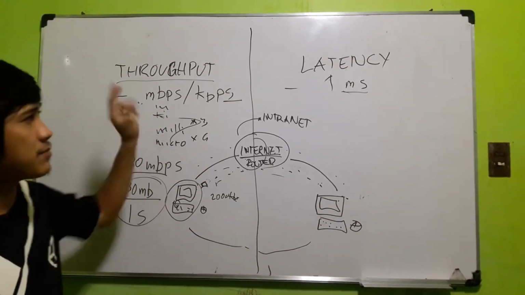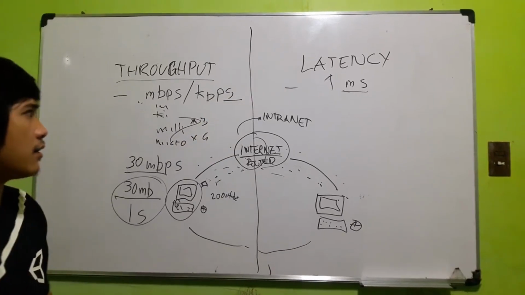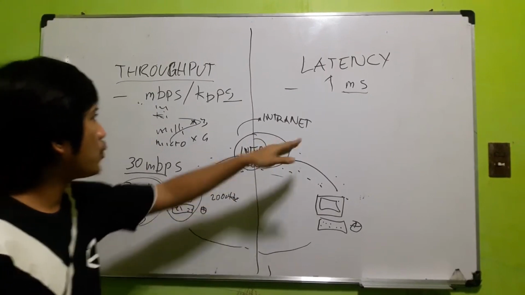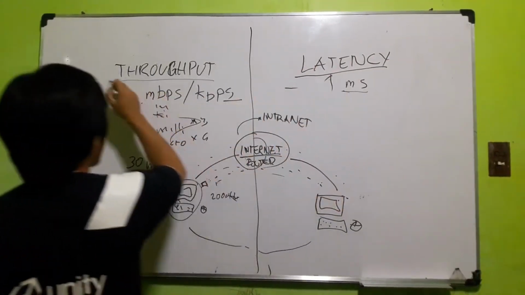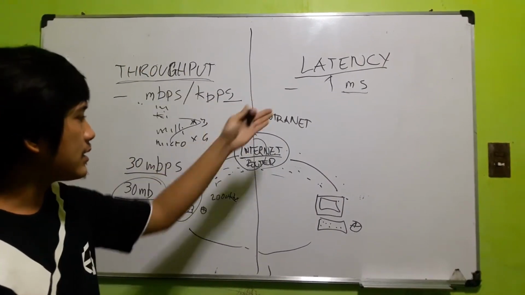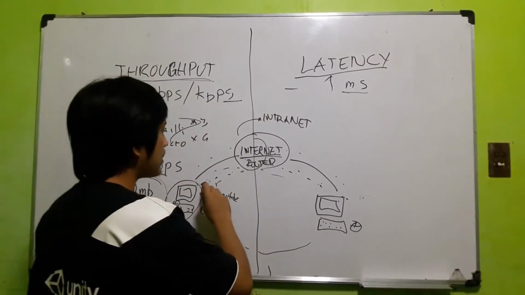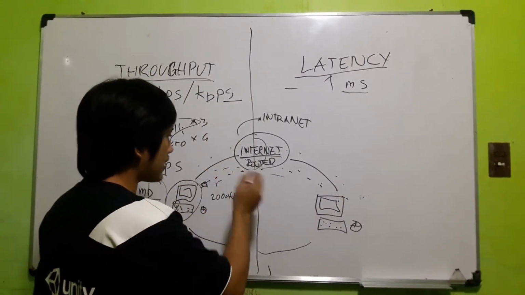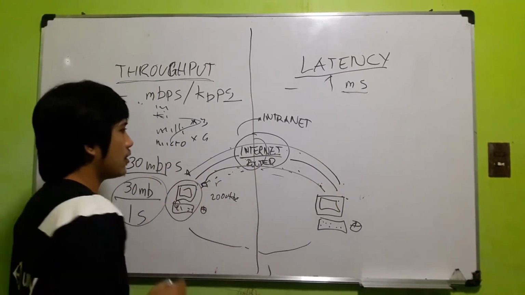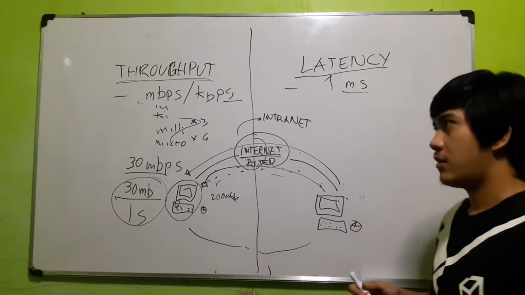Sometimes the throughput is higher, sometimes the latency is higher. We need this before we start the personal zone because these two are affected by it. So latency is the time it takes to send data from the server back to the client.